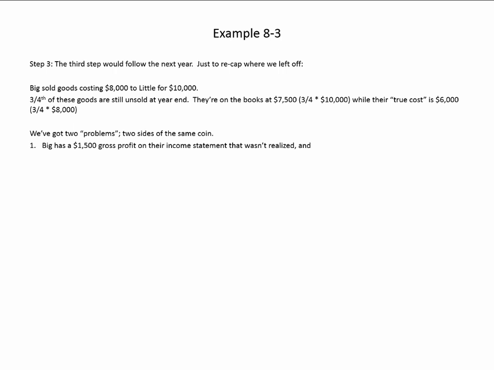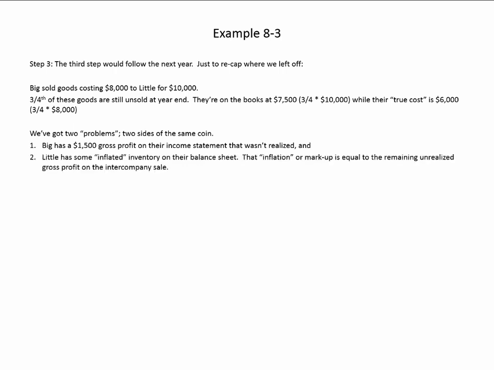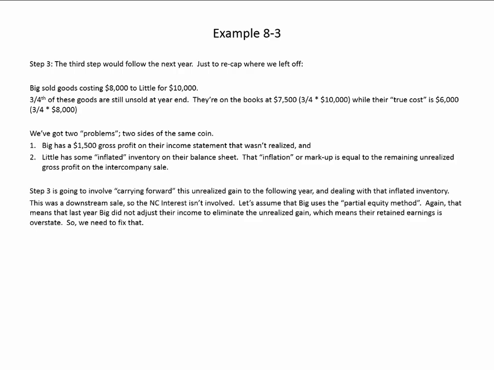Big has this $1,500 gross profit on their income statement last year that wasn't realized. And secondly, Little has this inflated inventory on their balance sheet. That inflation or markup is equal to the remaining unrealized gross profit on the intercompany sale. So step 3 is going to involve carrying forward this unrealized gain to the following year and dealing with that inflated inventory, basically addressing these two problems that we have.